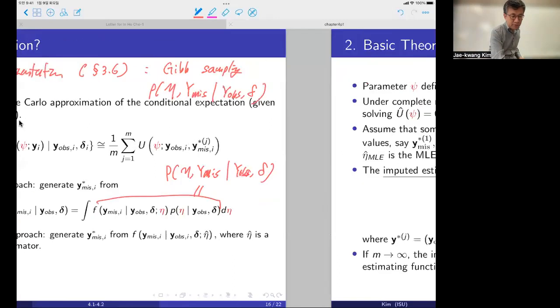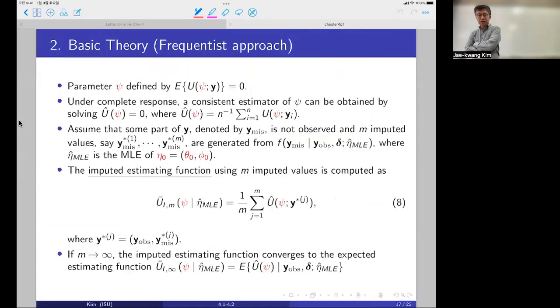Okay, let's move on. So basically, same thing. We have a parameter defined through this estimating function equation. If there's no missing data, then we just use it. But we don't have a full observation.